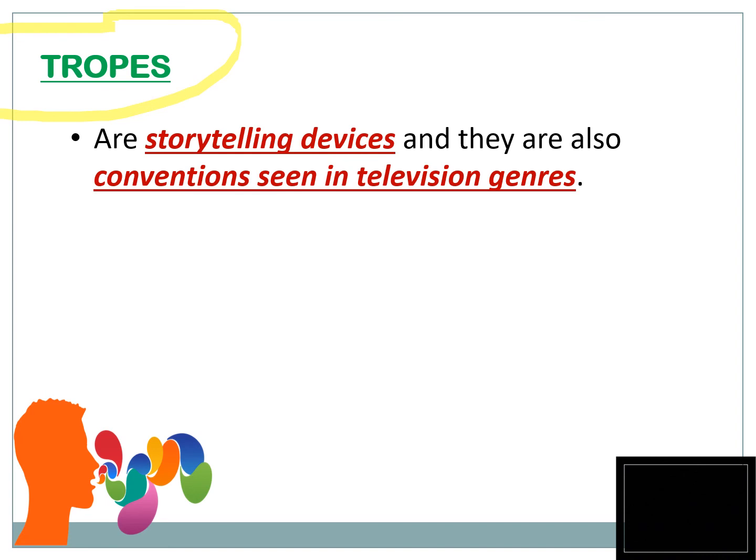So last is tropes. So what is a trope? These are storytelling devices and they are also conventions seen in television genre. So pag sinabi nating storytelling devices, this is also known as narrative framing devices. So these are the methods by which a story is narrated.